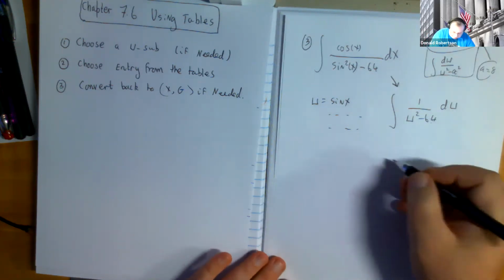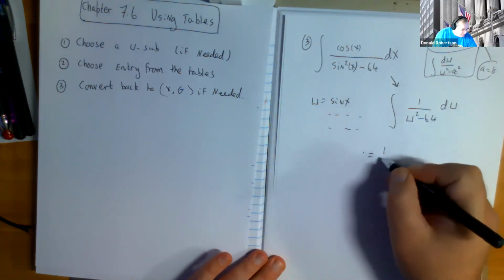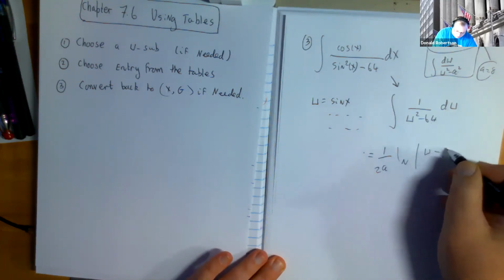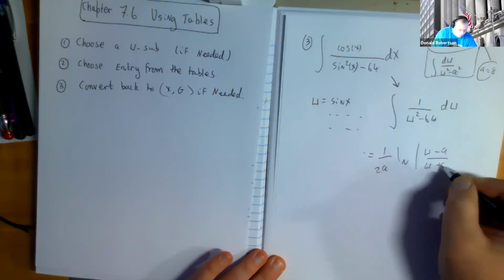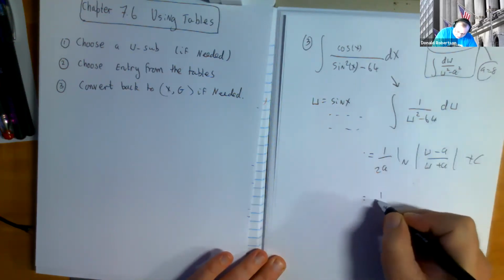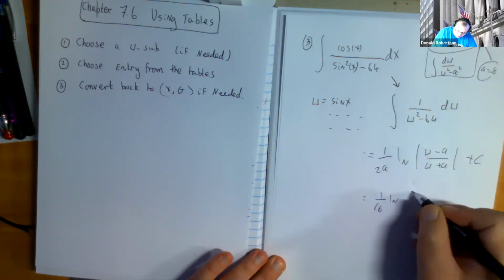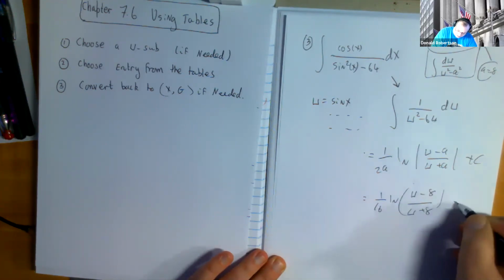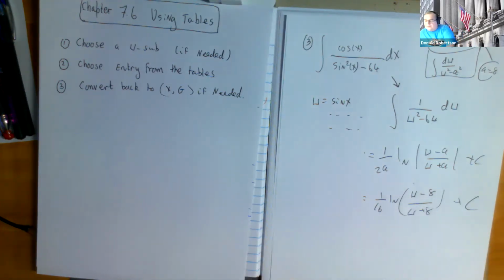Now entry 20 says that the answer is 1 over 2A, the natural log of U minus A over U plus A with a C. Now since A is 8, it's 1/16, the natural log of this guy over that guy. And now you've got the answer.